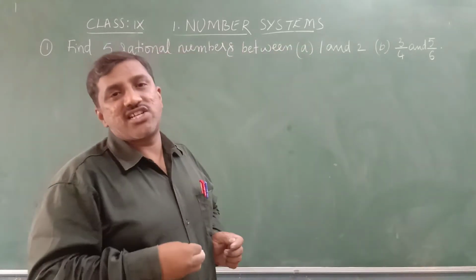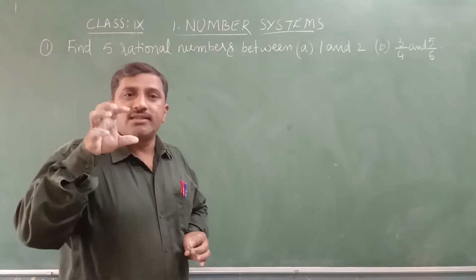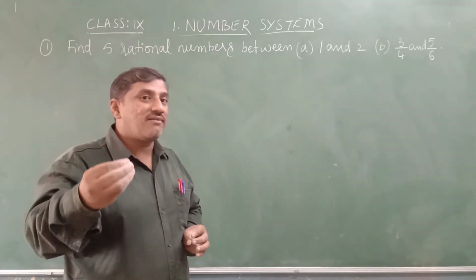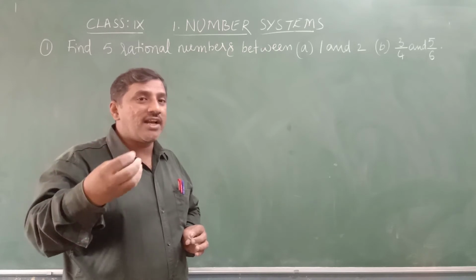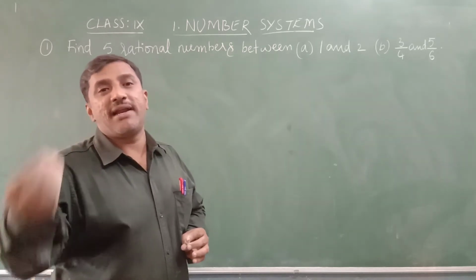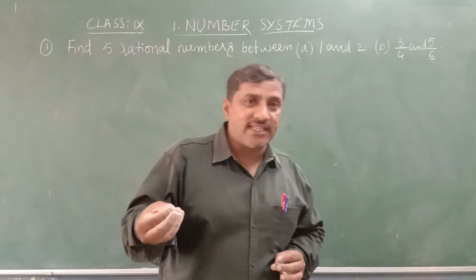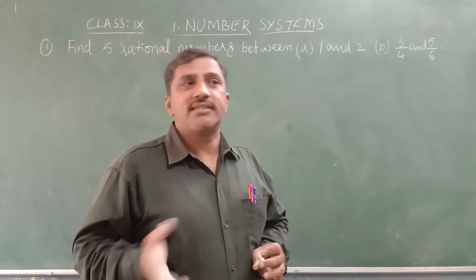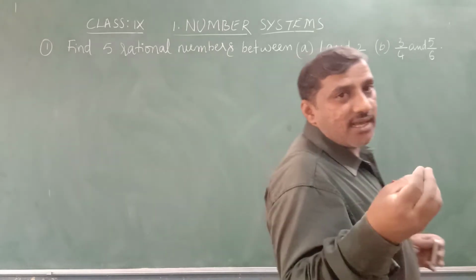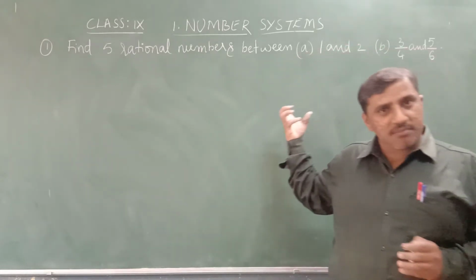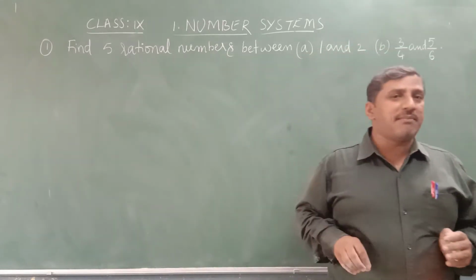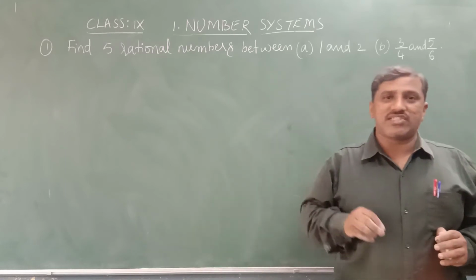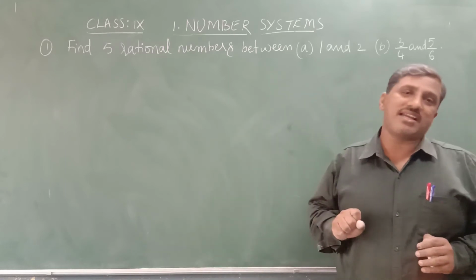If the denominators are not the same, we should make them the same by finding the LCM of the given denominators. Then we get the rational numbers in fractional form with the same denominator. Then identify the required number of rational numbers between the given rational numbers.